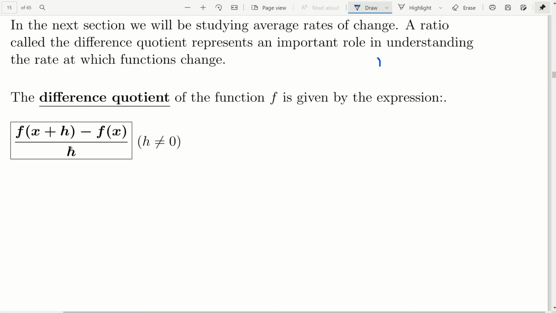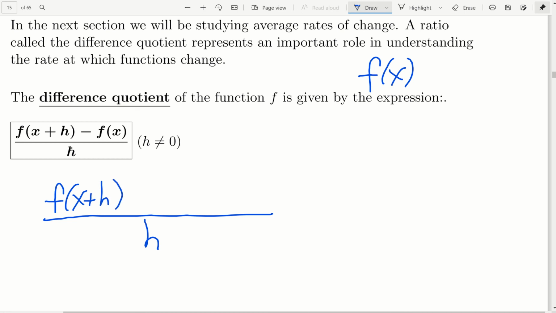So you'll be given a function. We'll give you the expression for it. And what we will want to do is plug it into this difference quotient and simplify it. When working with the difference quotient, there are always the same 3 key pieces. The denominator is the easiest. It's always going to be the expression h. And in the numerator, we have the difference of 2 function values.